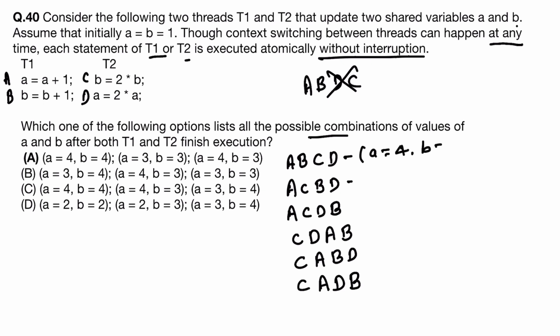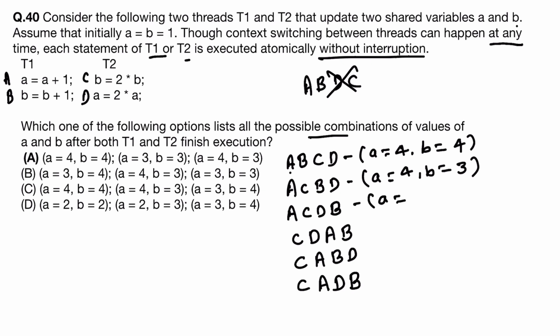And for B, B happens before C, so at first this will be 2, then 2 times it becomes 4 for this C. For the order C, A, B, D, A will again be 4 here. But here C comes before B, so B will be 2 times 1, plus 1, which is 3. So B will be 3.